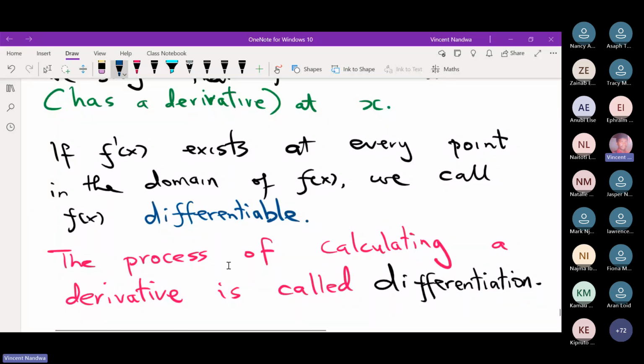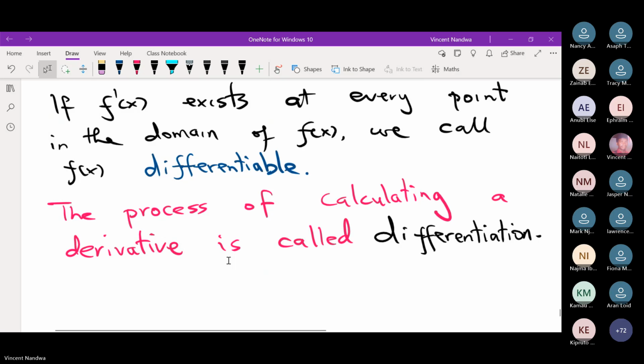And there are many different notations on how to represent a derivative.